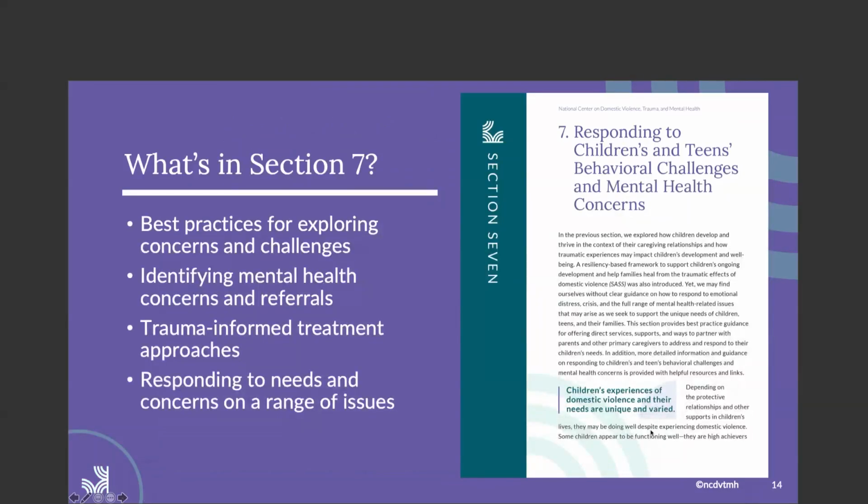Thanks, Susan. So let's talk a little bit about section 7. Just quickly, before our stretch break, some of you identified a few topic areas that we have covered in the toolkit. So we have sections on aggressive behaviors, when children are dysregulated and hitting and yelling, right?